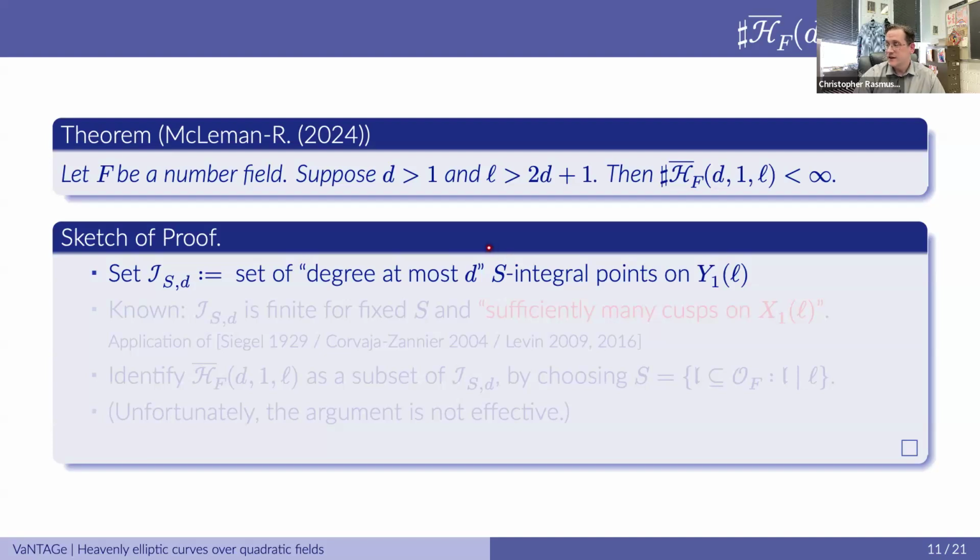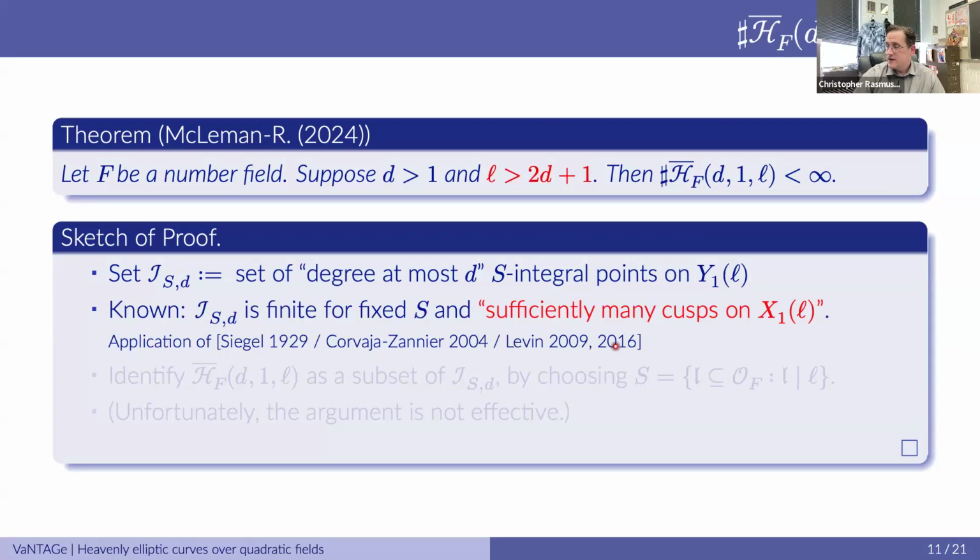We have to make sure that the resulting Galois representation really does imply the heavenly property, but this is the case here. And then this is the powerful result that Levin has from the late 2000s, generalizing work of Kulikov-Azanier when D equals 2 and the classic result of Siegel when D equals 1, which simply says if you look at degree at most D S-integral points on a curve missing sufficiently many points, we're guaranteed to have a finiteness result.